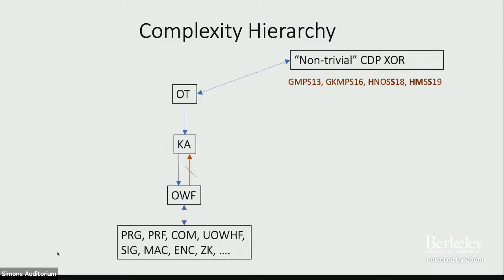For the special case of computing the XOR, when Alice owns 1 bit and Bob owns 1 bit, and they want to publish some estimation of the XOR, then we know that this is equivalent to OT. So for this specific task, the complexity is exactly OT.